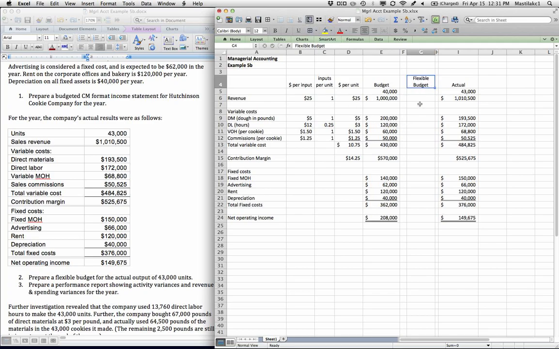We can adjust our budget to the actual results. We can come up with a budget at 43,000 units and say, what should we have spent? How much revenue should we have earned, and what variable expenses should we have had if we had correctly predicted the number of units that we sell? And so that's what a flexible budget is there to do. It's to help us make an apples to apples comparison between our budget and our actual.